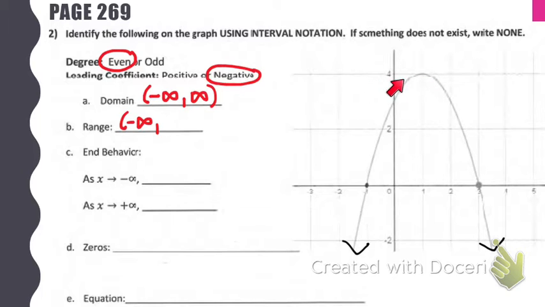What is that number right here? What is that highest y value? 4. So that would be your range. Range is always lowest to the highest. If it's going down forever, the lowest is -infinity.